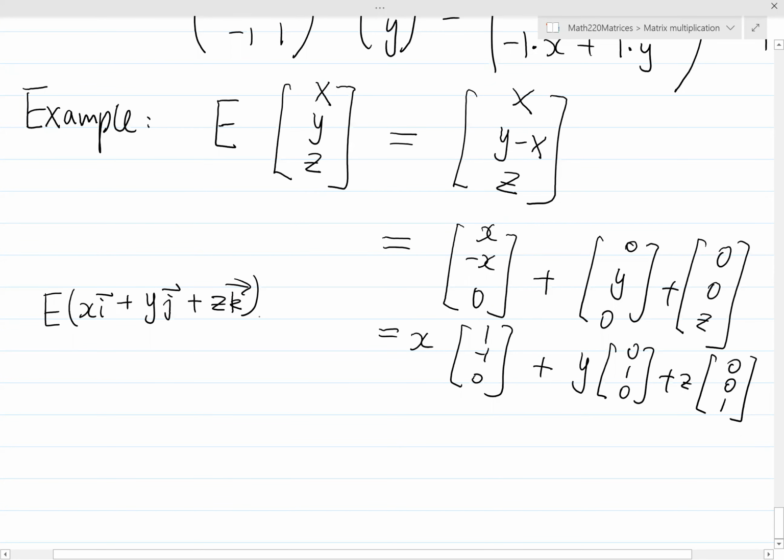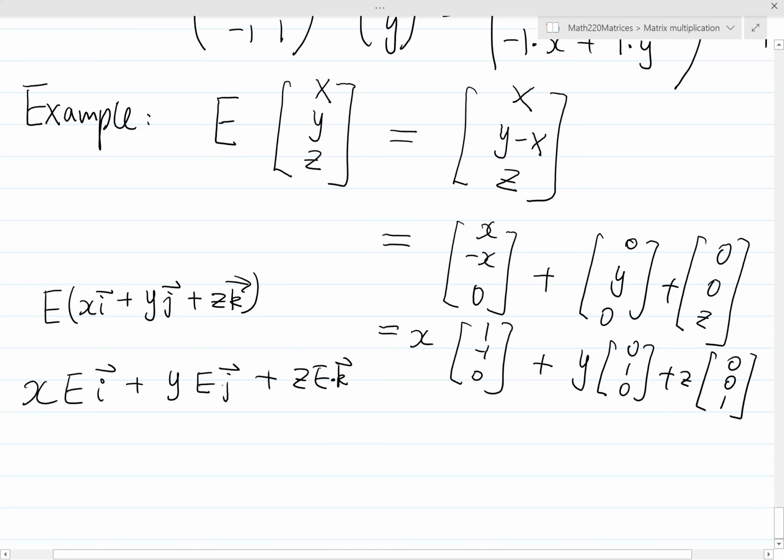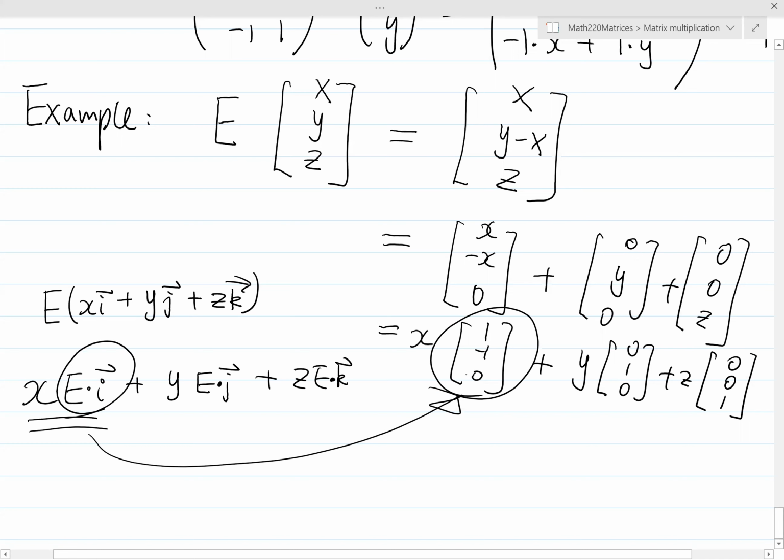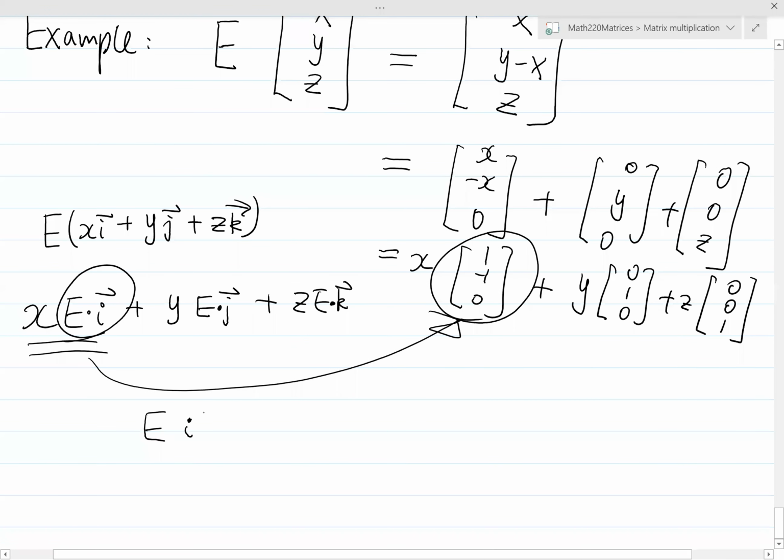So you get x E of i plus y E of j plus z E of k. This x corresponds to this x here, so E of i should be (1, -1, 0).